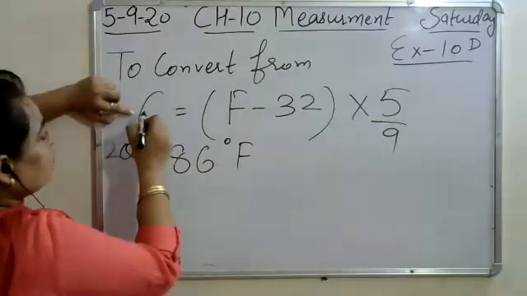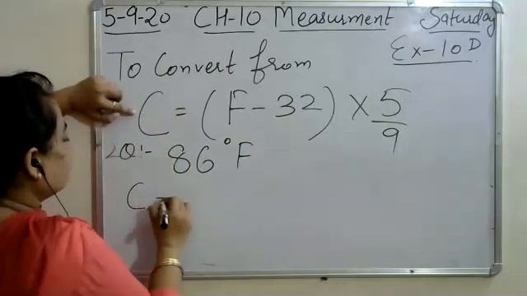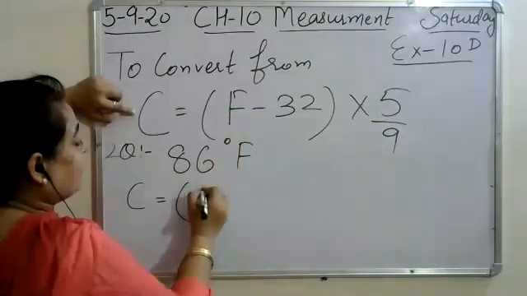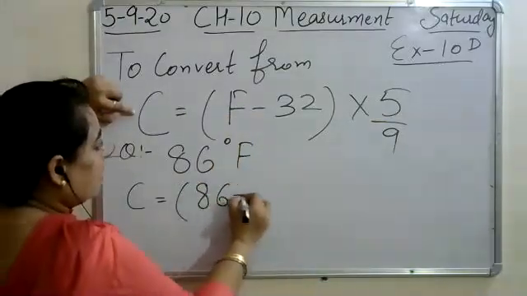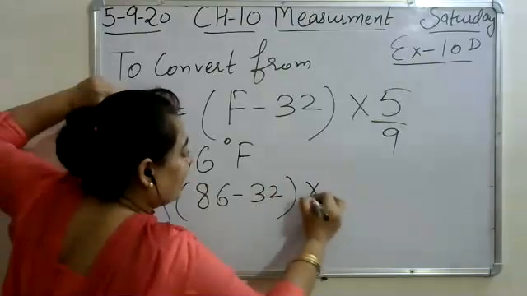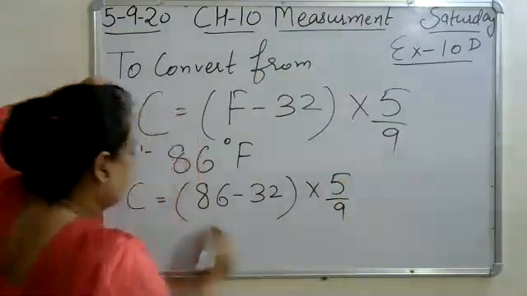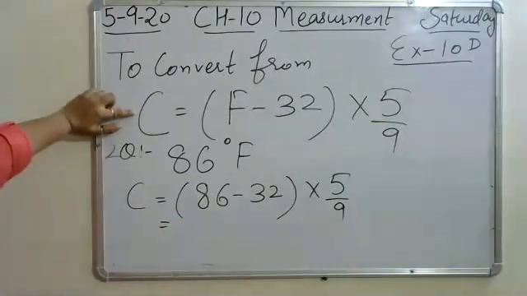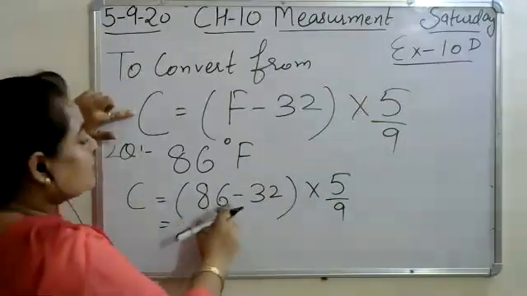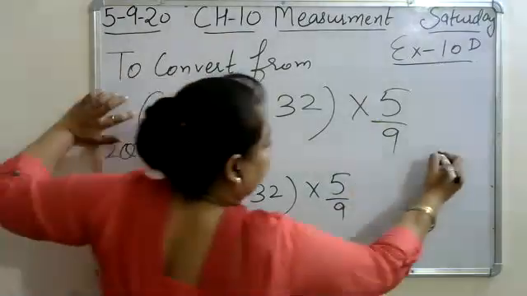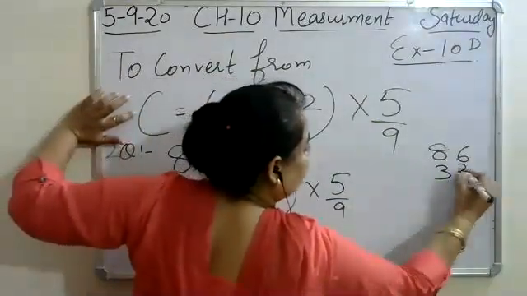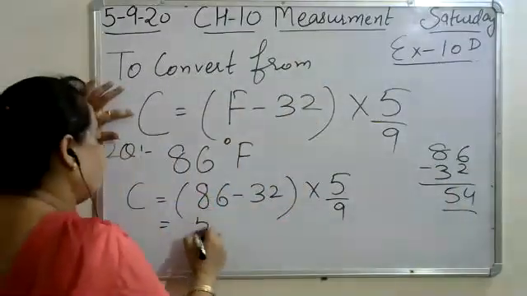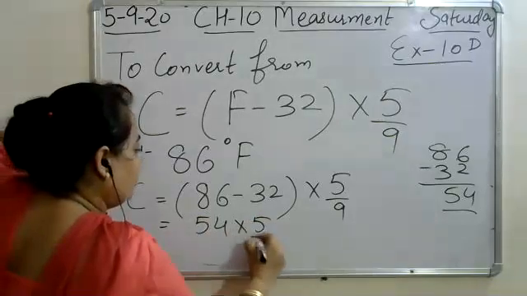So use this formula. Celsius is equal to Fahrenheit, so in place of Fahrenheit, you will write 86 minus 32 multiplied by 5/9. On the basis of BODMAS, first of all, we will solve the bracket. 86 minus 32 will give you 54. So here you will write 54 into 5/9.